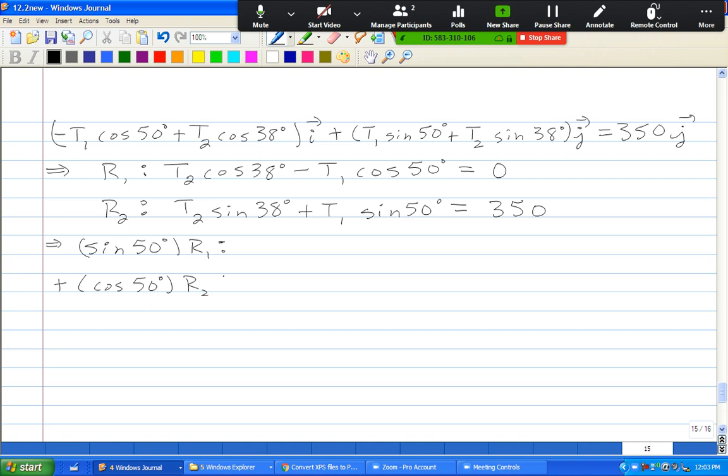So I have T2 cosine 38 degrees sine 50 degrees, but then I'll get a T1 cosine 50 sine 50 equals 0.